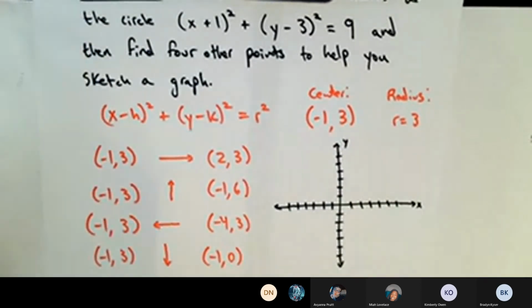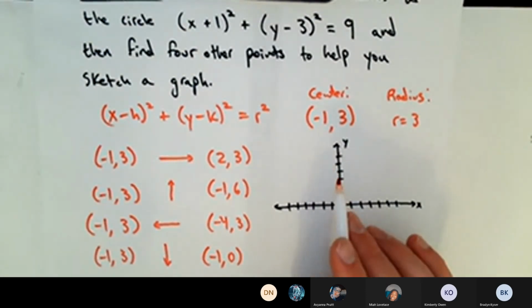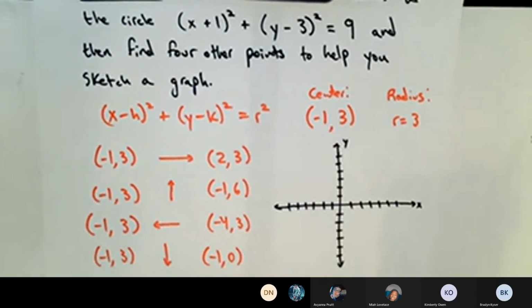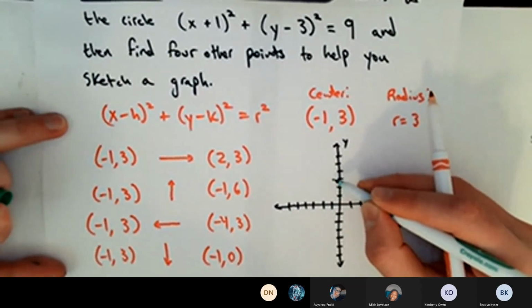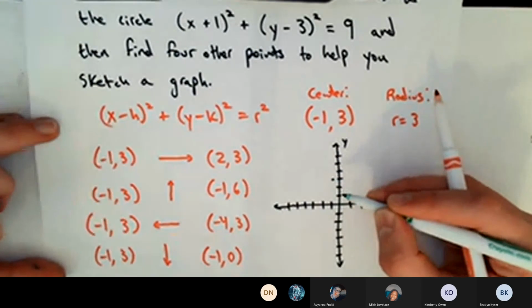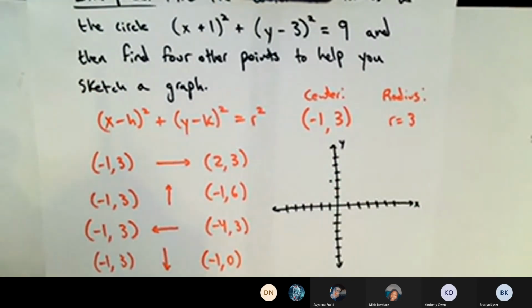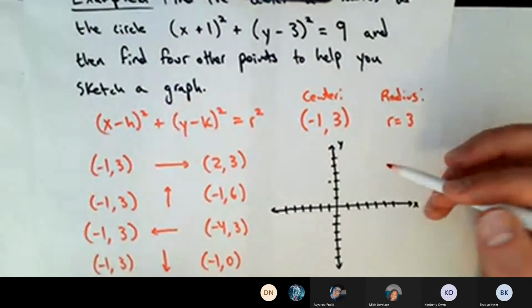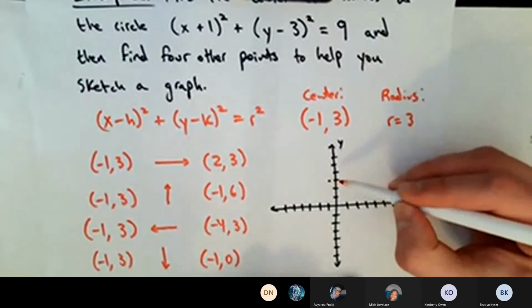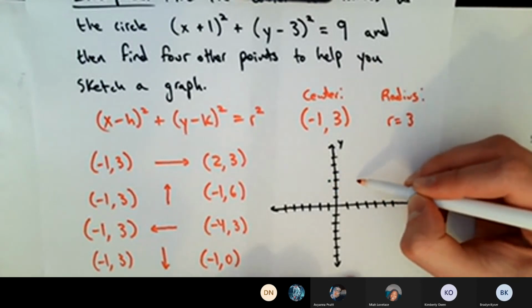Now we graph these points. Technically, you can put a dot for your center, but it's not part of the circle. It's more of a reference point. So I'm going to do it in green just so we know it's not really a part of the circle, but there it is, -1, 3. Now, the 4 points I actually want to graph are the points along the circle. From my center, I went 3 over to get the point 2, 3.